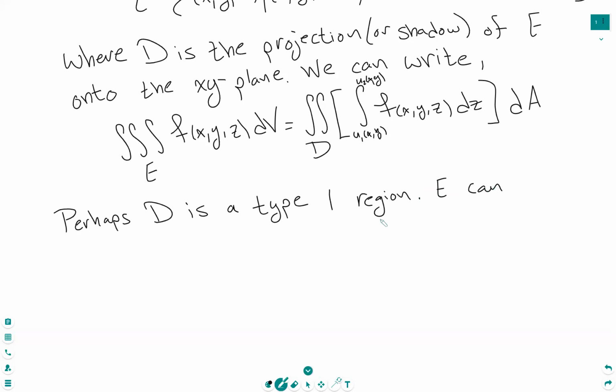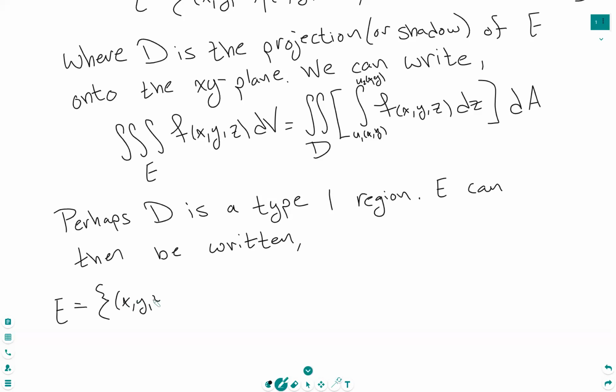E can then be written as the set of all points in R3.